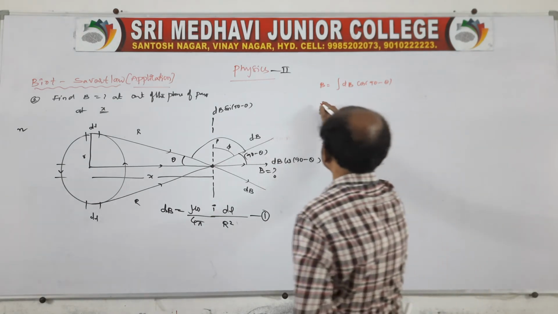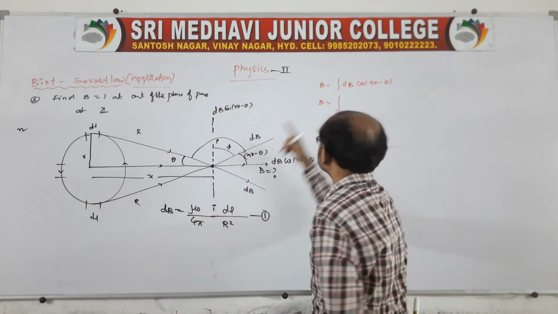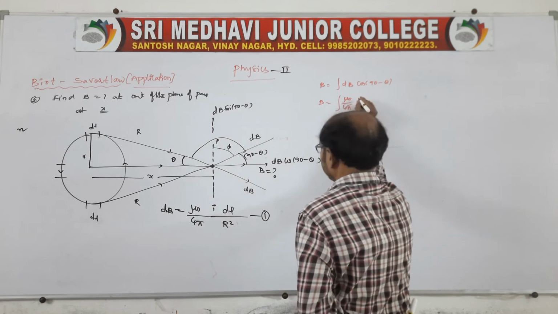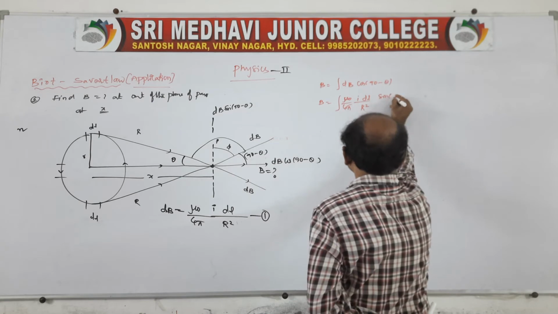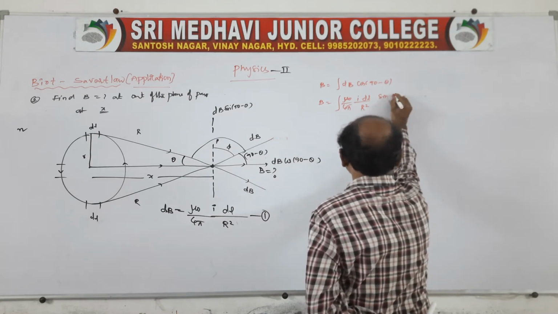So B is equal to the integral, instead of dB, you write here mu naught by 4 pi, I dl by capital R square, sin theta, since cos 90 minus theta is sin theta.